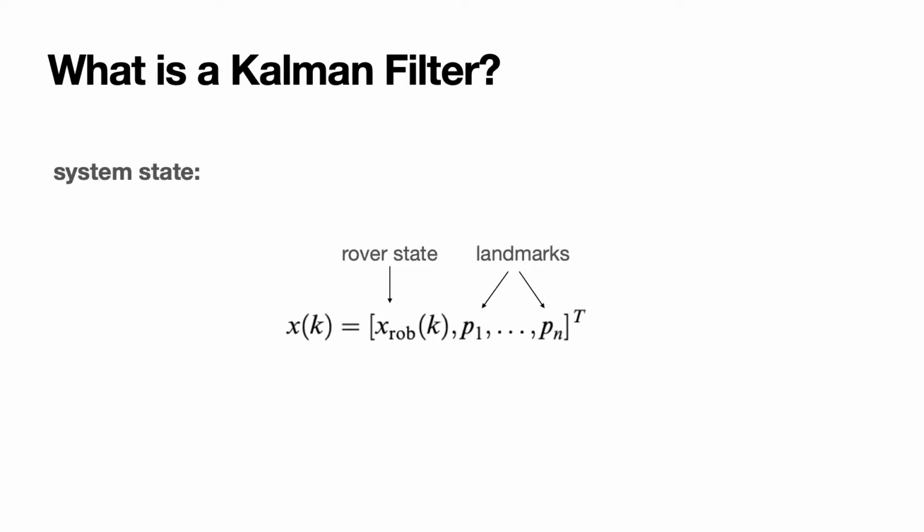I will not go into more detail on how to detect landmarks mathematically using optical payloads, but just know that if we detect the landmarks, we can store them into our system state x of k together with our rover state.